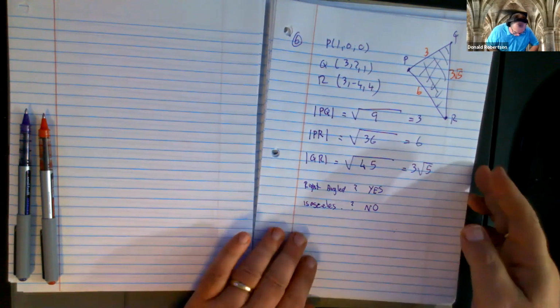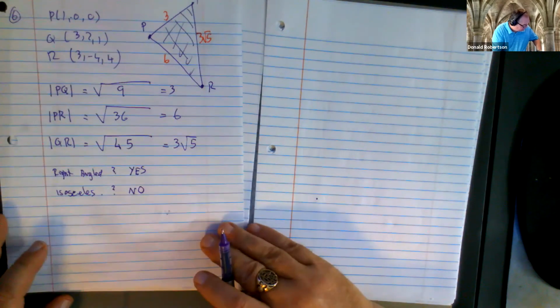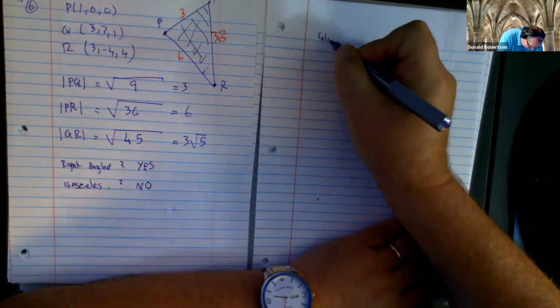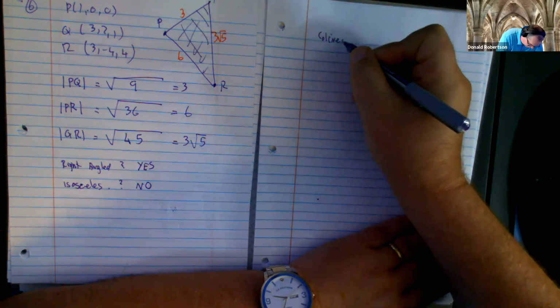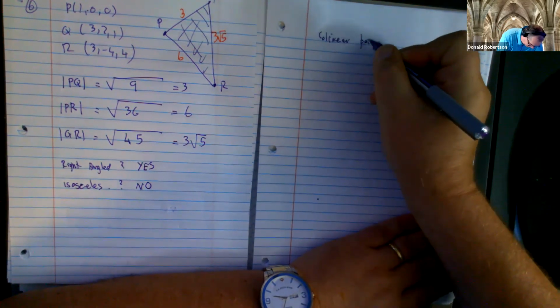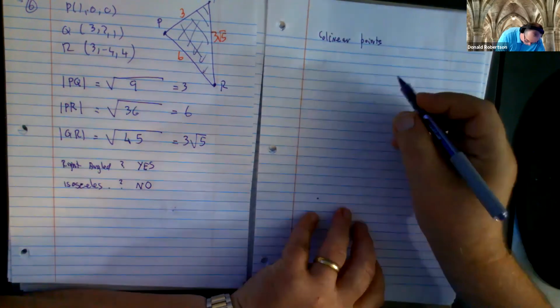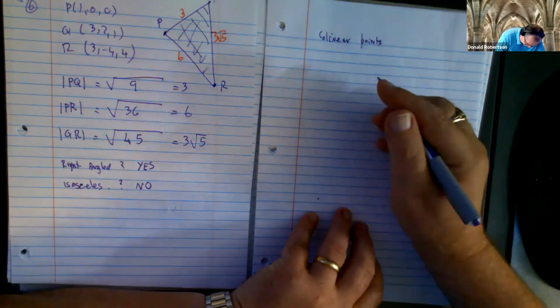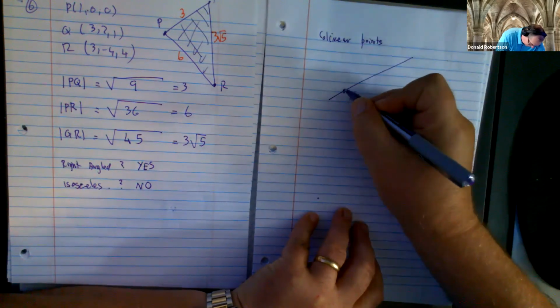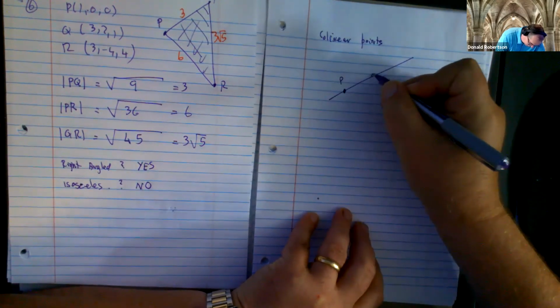Now, the next question has a fancy name, although this book doesn't use it, but I'm going to use it anyway because I like it. That term is collinear points. So we are talking 3D here, even although I'm drawing it on 2D paper. Can you imagine these are 3 points?